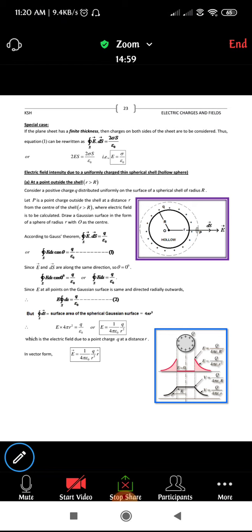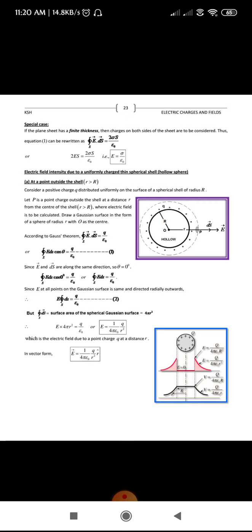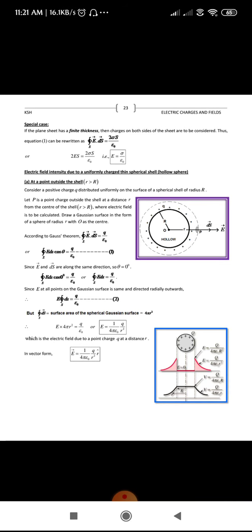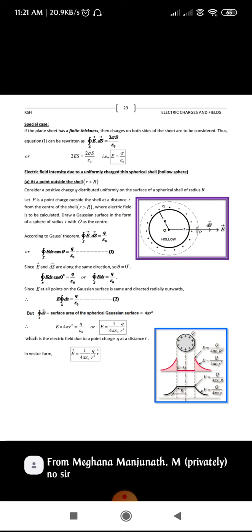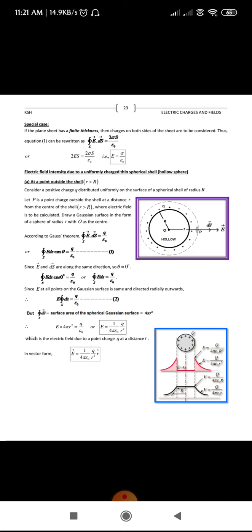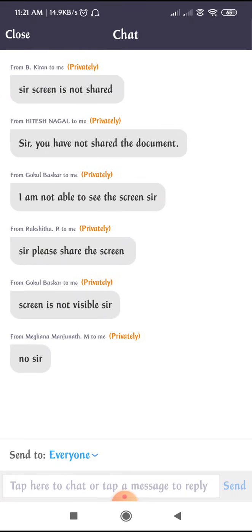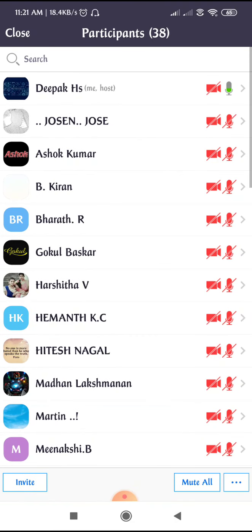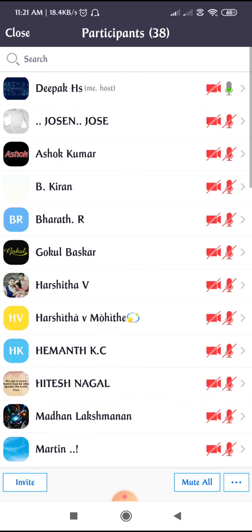Any doubts, please do ask. If you don't have any doubts, we will move to the next two cases. Please do reply in case you have any doubts. Okay, Meghana, no doubts. What about others? Yes, Arshita, okay, fine. What about Martin? Yes, Martin, do you have any doubt?